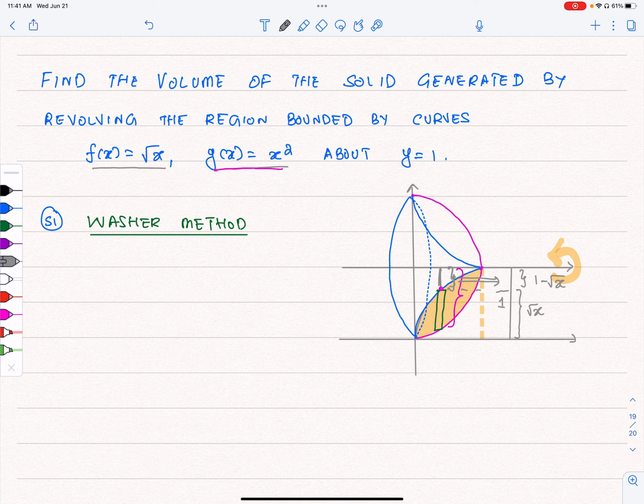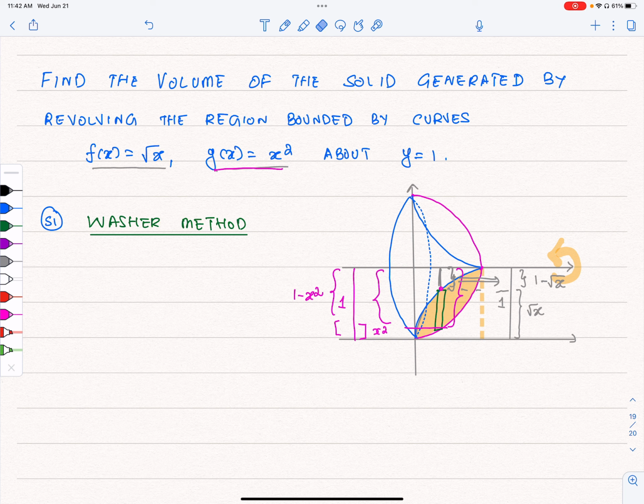You agree? Yes. Similarly, for the outer radius, it is this whole thing minus that thing, and this whole thing is 1, and this is x squared. So this whole thing would be then 1 minus x squared, correct?